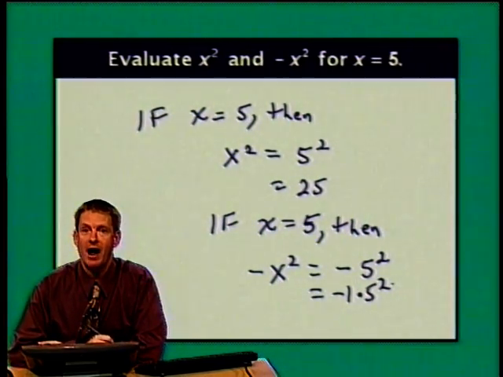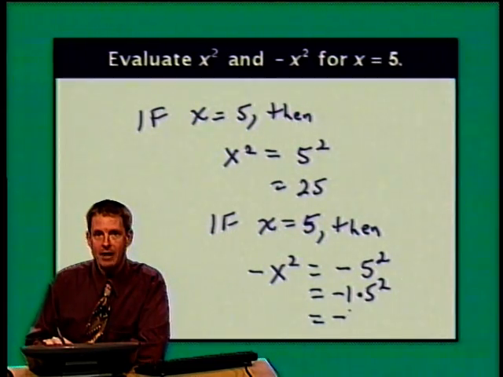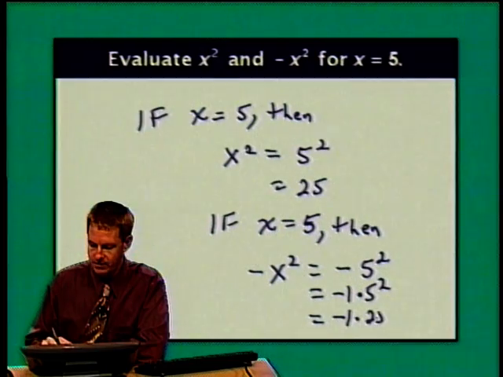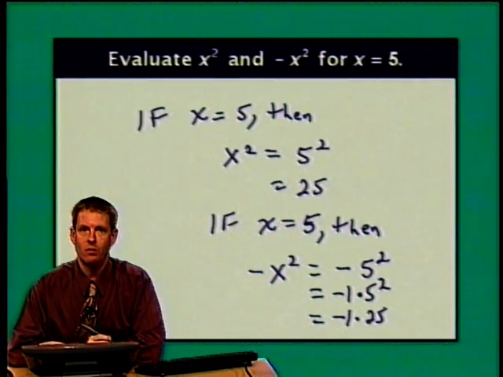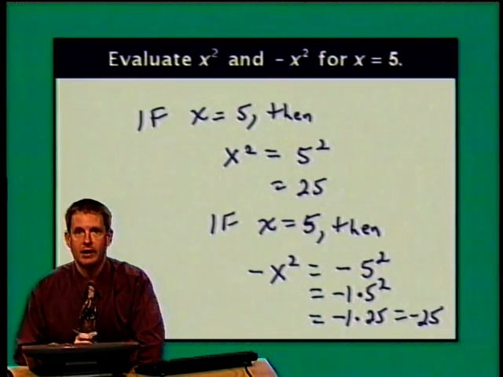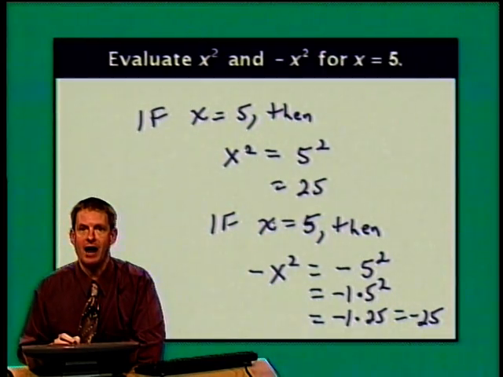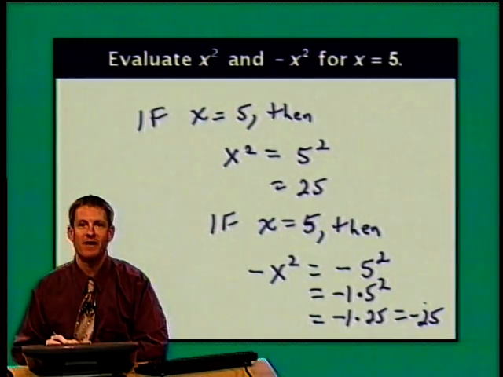When I square 5, I get positive 25, but that positive 25 still needs to be multiplied by negative 1. Negative 1 times positive 25 is negative 25. If x equals 5, the value of the opposite of x squared is the number negative 25.